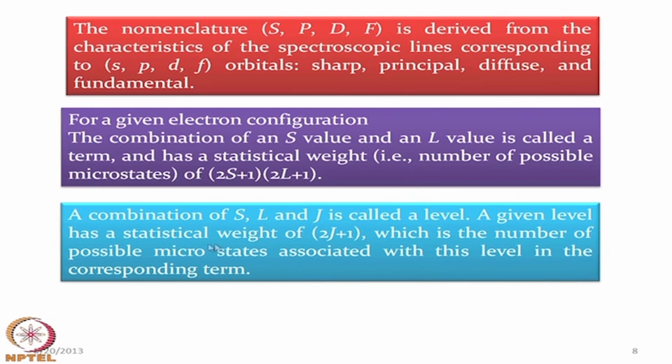A given level again has a statistical weight of 2J plus 1, which is the number of possible microstates associated with this level in the corresponding term. So, if we have one particular J value such as J equal to 1, we have 2 into 1 plus 1, that means 3 different states for that J value.